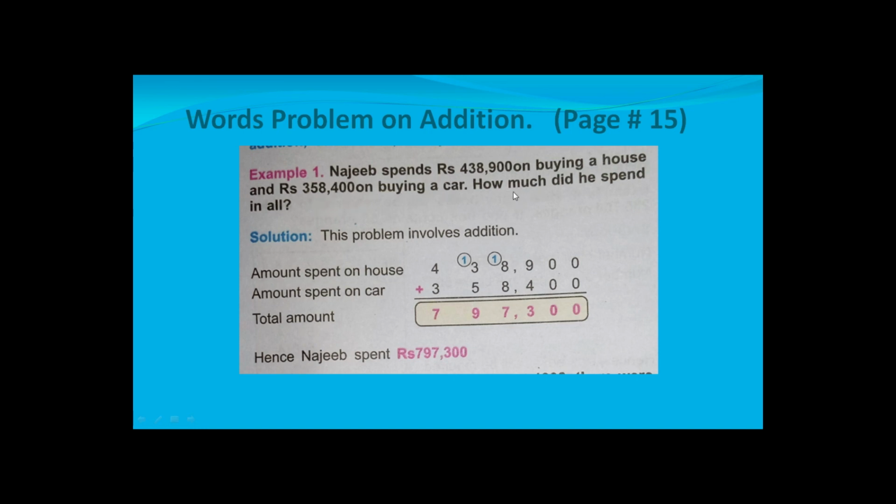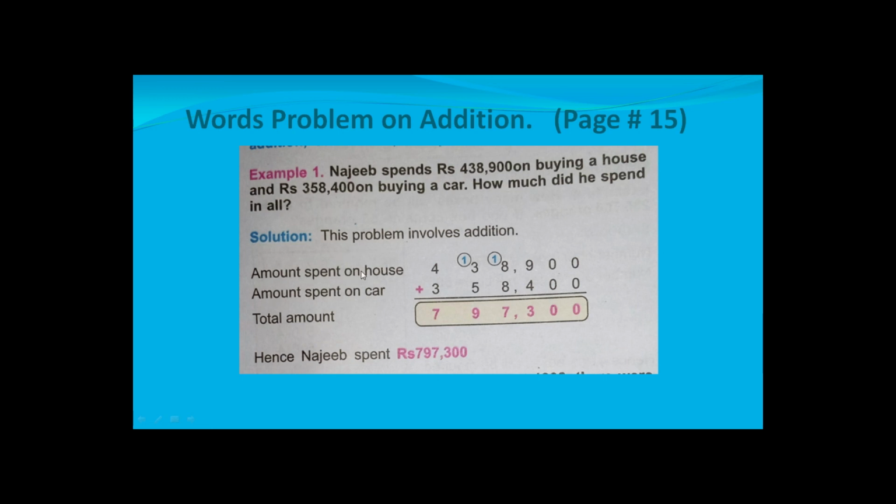So my dear students, if these two words "how much" come in your sum or question, it means you have to add them. How much means you have to add them. So you can see that how much did he spend in all. In this sum you have to add them.